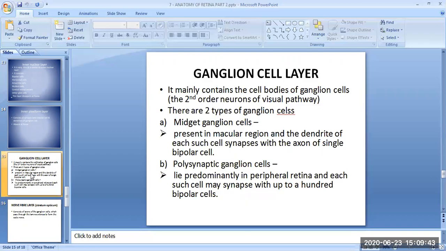There are two types of ganglion cells, midget ganglion cells and polysynaptic ganglion cells. The midget ganglion cells are present in the macular region, with the dendrite of each such cell synapsing with the axon of a single bipolar cell. The polysynaptic ganglion cells lie predominantly in the peripheral retina and each cell may synapse with up to 100 bipolar cells.